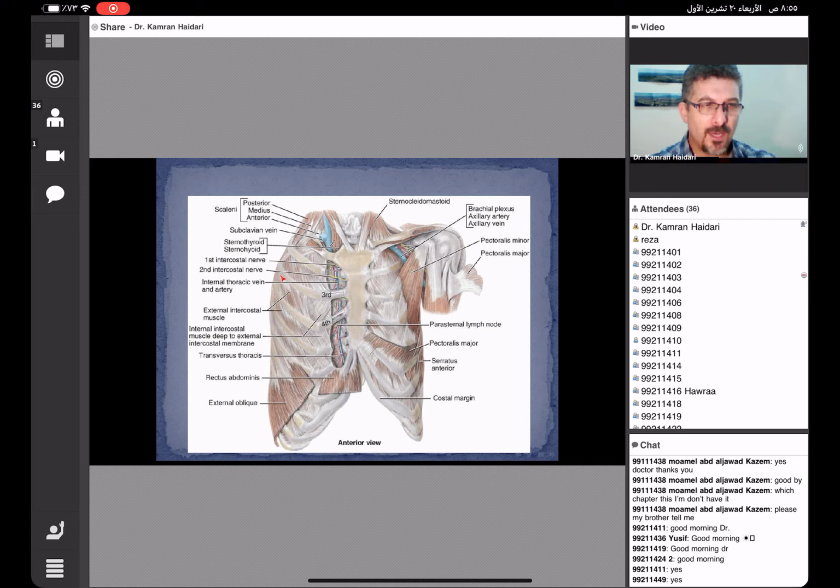This arises from the inferior border of, for example, rib 3, and attaches to the superior border of the next rib 4. Okay, from inferior border to superior border of the next.